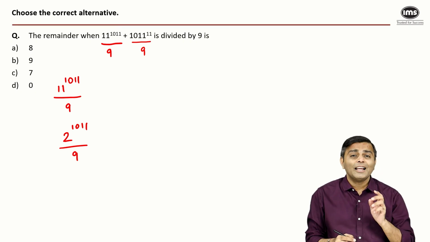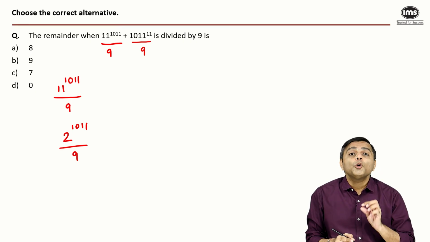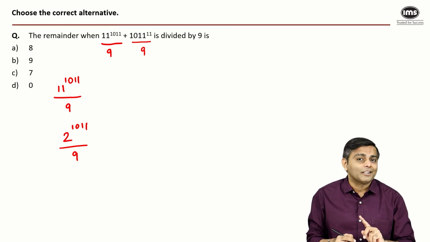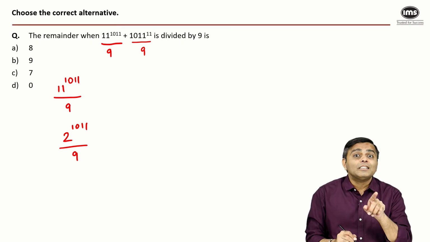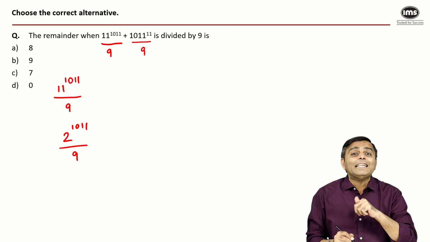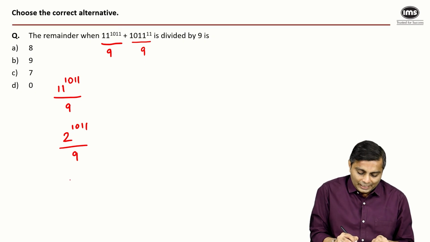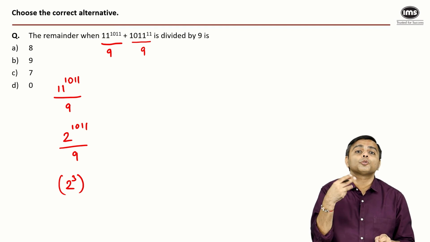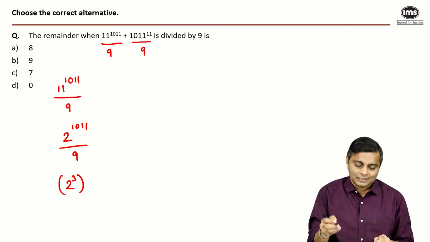I know that 2 cube divided by 9 is going to give me a remainder of -1, since 8 divided by 9 has remainder -1. And 1011 is, if you see, 1 plus 0 plus 1 plus 1, so it is a multiple of 3. So I can write this as 2 cube raised to some number that gives me 1011. What is that?